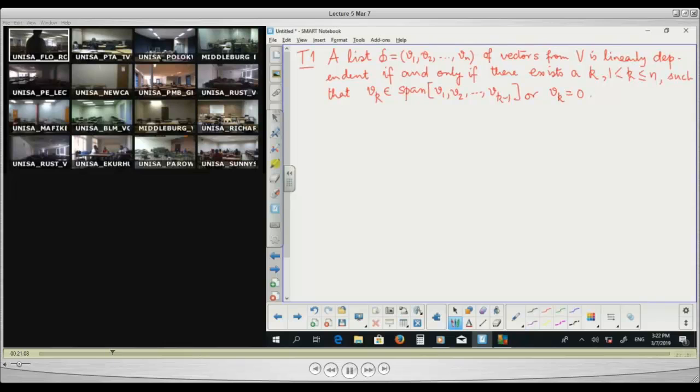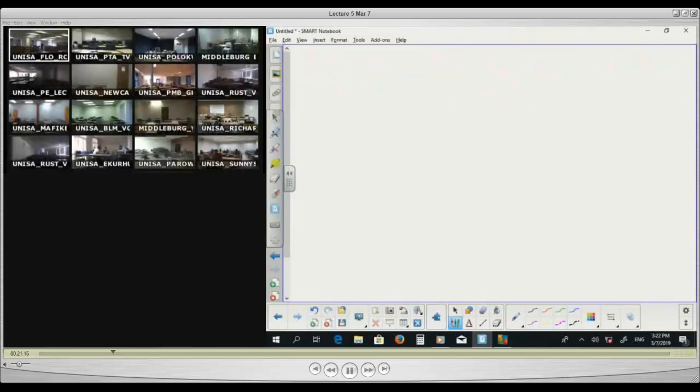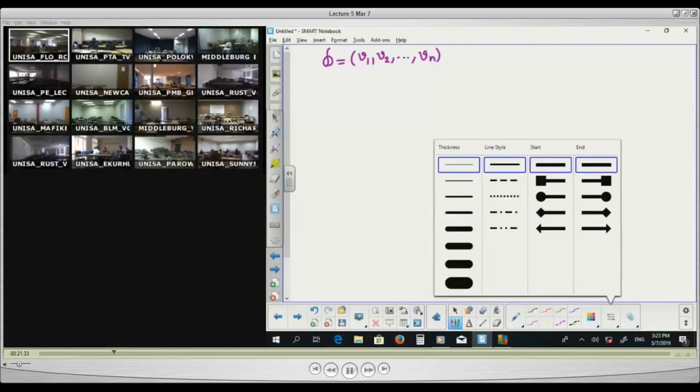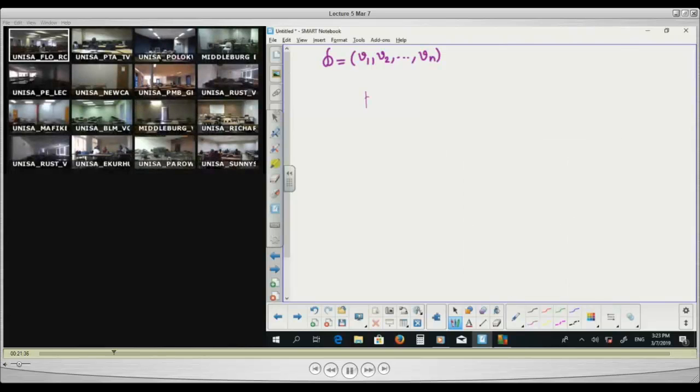So given this list, we are given this list. You start off with k equals 1, and then you ask the question, if Vk is 0?